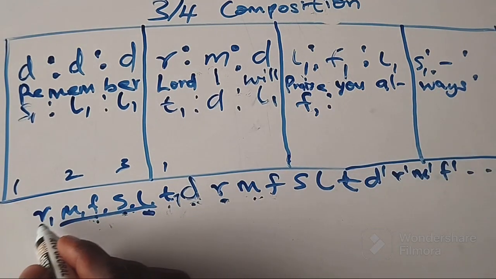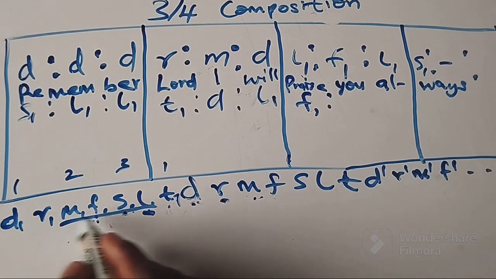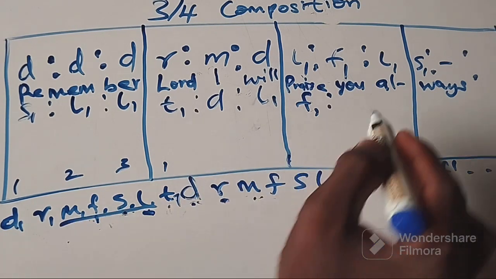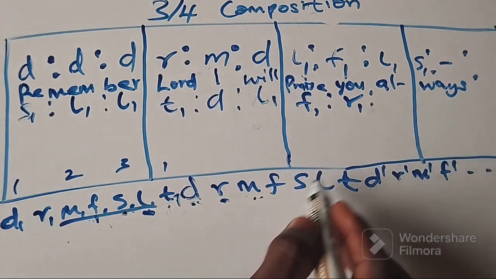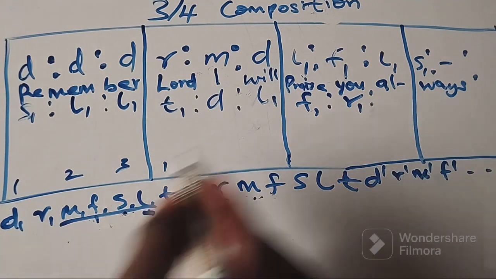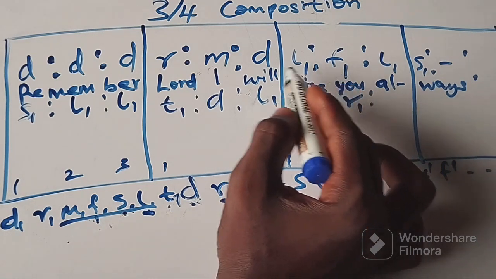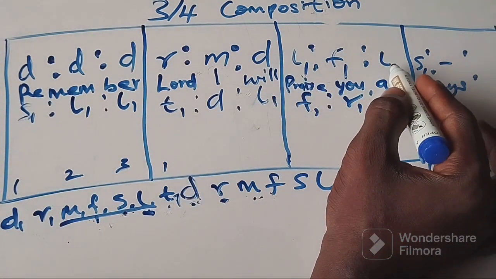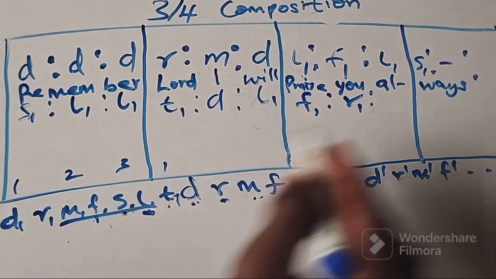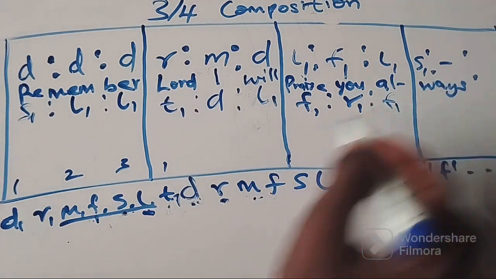I will go down. Soprano is singing fa. I will sing re for alto, re down, not this re, just this fa. Always know the scales of where the sound is coming from. Then soprano is singing la. I will sing fa again.